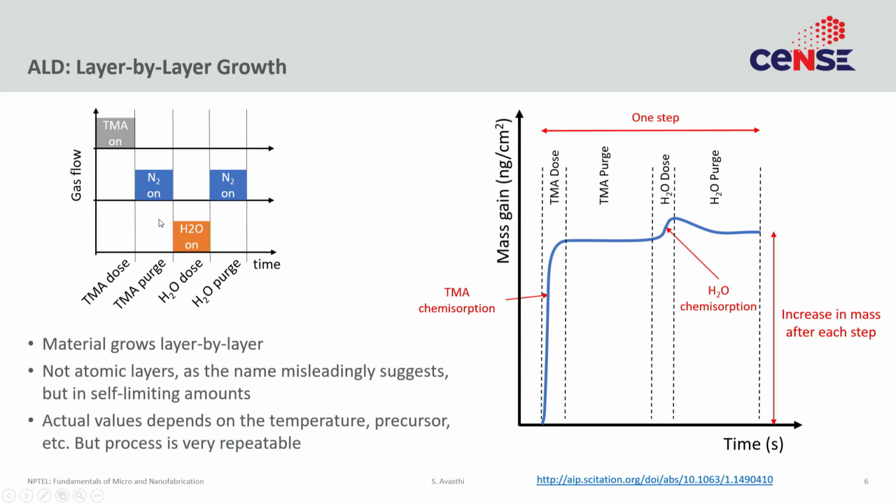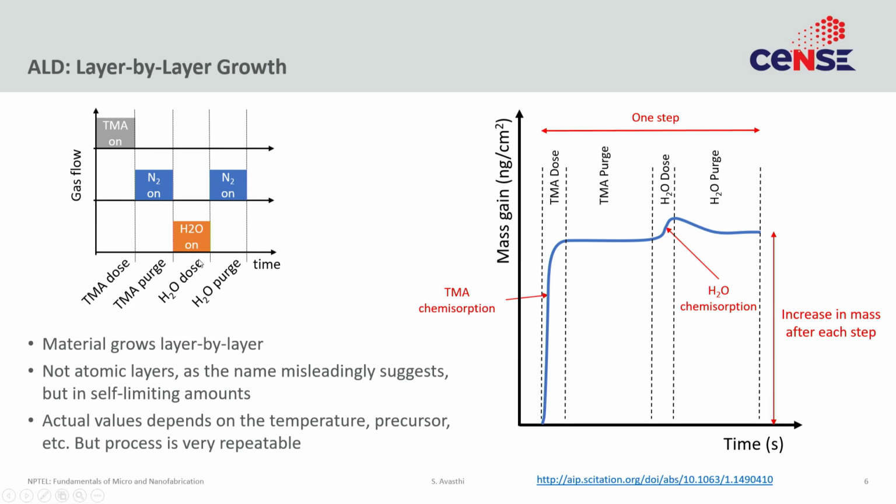During the purge cycle, all the excess TMA that has not chemisorbed on the surface must be flushed out. Typically you can do this with any inert gas. Nitrogen is the most common. So, you flow nitrogen for some time to get rid of that excess TMA. Now, the chamber does not have any TMA save for the surfaces which are covered with a monolayer of TMA. Then you flow your component B, which is water.